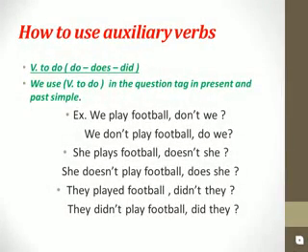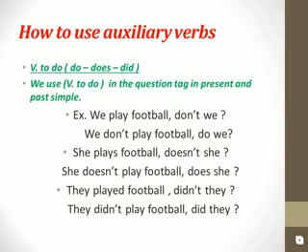Number 2, verb to do. We use verb to do in the question tag in present and past simple. For example, we play football, don't we? In this example, the statement is in present simple tense, and we can't use the verb play in the tag. So we use verb to do in the tag. But before we use the verb, we must look at the subject of the sentence. Our subject here is the word we, so the suitable verb is do.